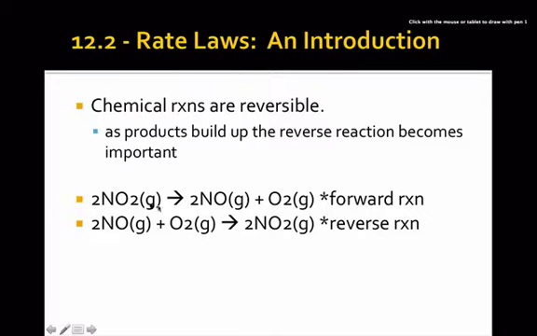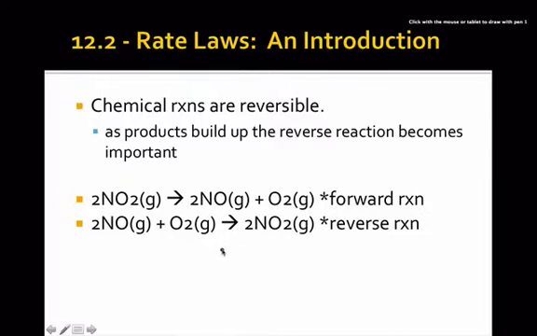Initially, this might be our forward reaction. But as the nitrogen monoxide and the oxygen start building up, there comes a point when they come together and start going back into forming what we would say was the reactant. So the forward reaction occurs, and then as these build up, all of a sudden we start seeing that reverse reaction. When the rates of these are equal, that's when we're at an equilibrium.